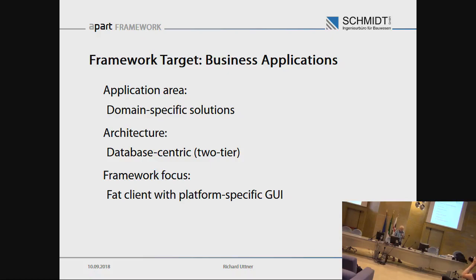The framework is independent of the domain of the application. The architecture we're supporting is a database-centric architecture, typically a 2-tier system, no application server, but direct database access from fat clients with a platform-specific GUI. That's our approach.